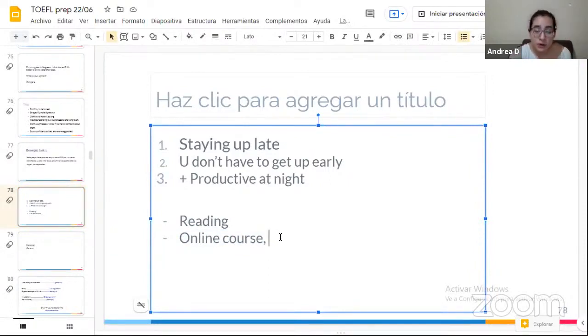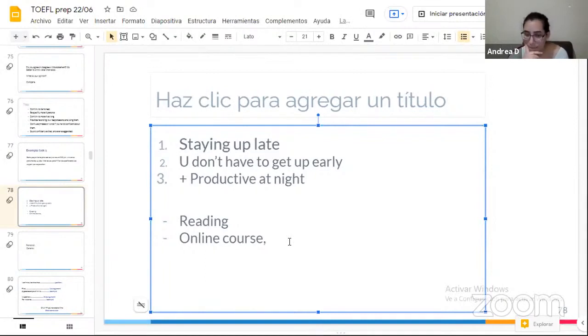But what you could say is, right now I'm taking this online course at night, and I chose to take it at night because I feel that I'm more productive at night, and ever since I'm taking the course at night and not in the mornings, maybe I'm getting better grades, or I'm learning more, or I pay more attention in class, or my brain works better. That's something that you could say related to this course, maybe.